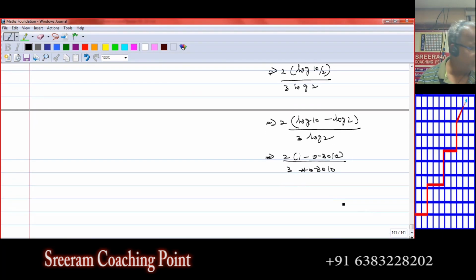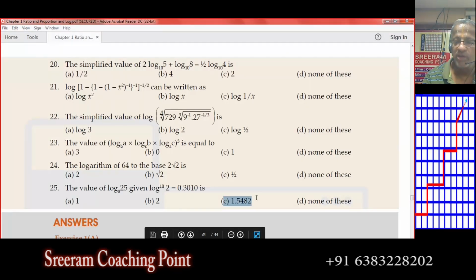So it becomes 1 minus 0.3010 into 2, divided by 3 into 0.3010. So that gives you 1.5482, which comes as item number C.